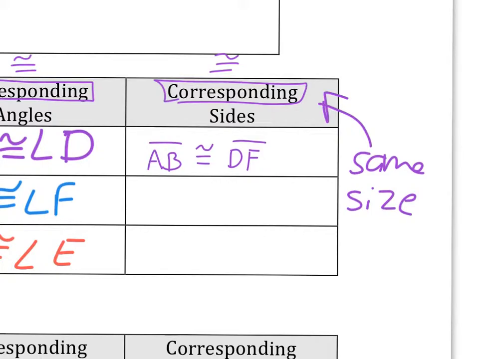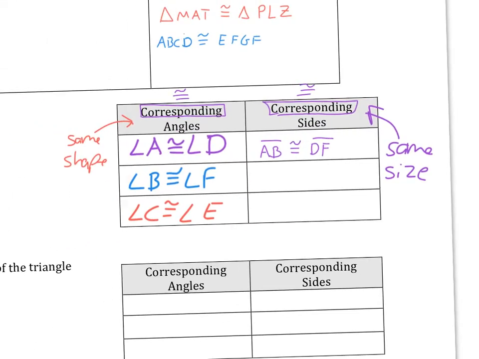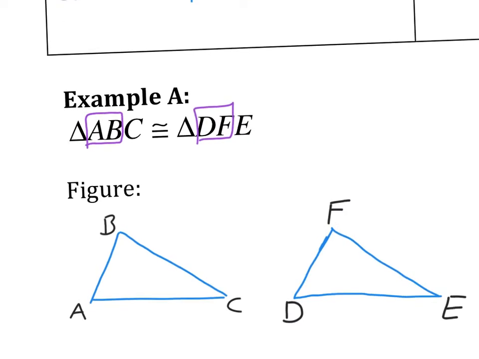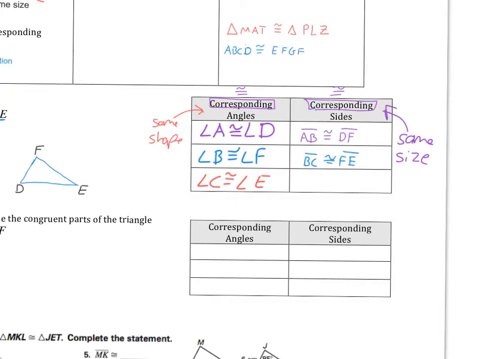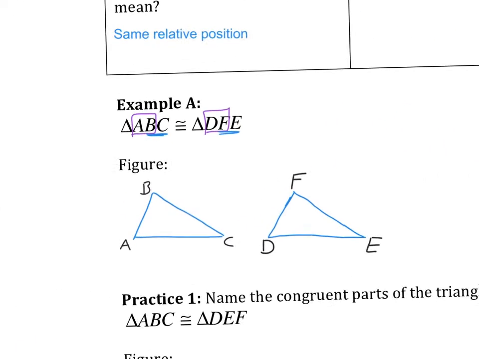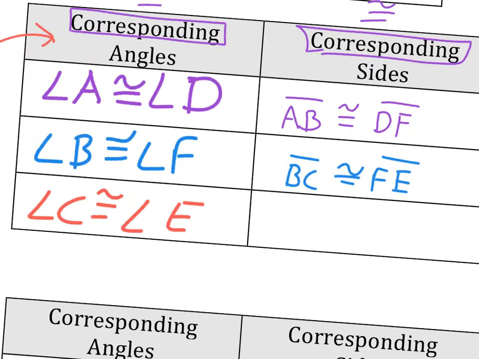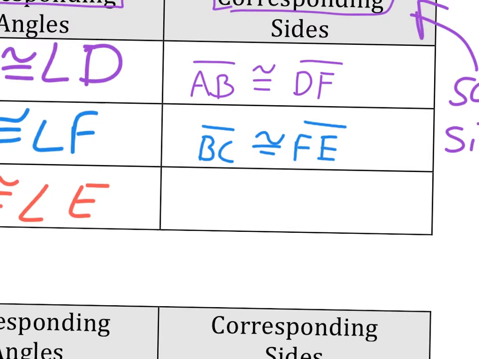I'm concerned about the order in the congruence statement. All right, next, I could say that BC is congruent to FE. That A and C and D and E are congruent. So over here, AC is congruent to DE.